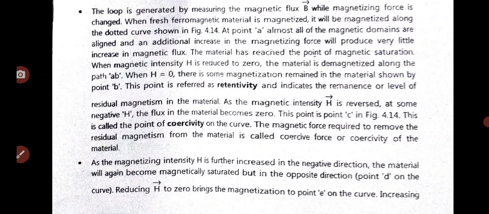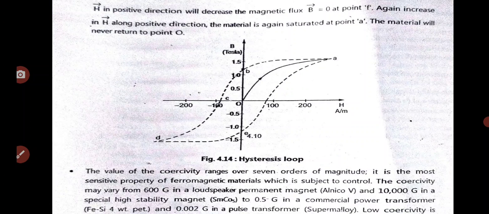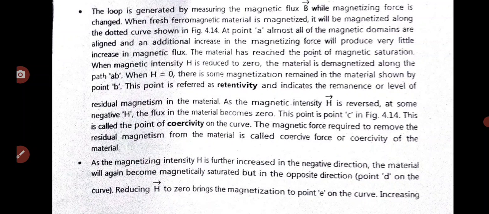Okay. So at point A, almost all magnetic domains are aligned, and an additional increase in the magnetizing force will produce very little increase in the magnetic flux. That means if the substance is placed in a high external magnetic field, it shows the magnetizing property, and all ferromagnetic domains are aligned.